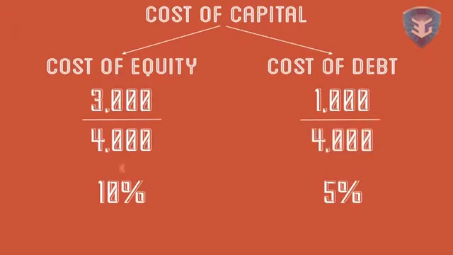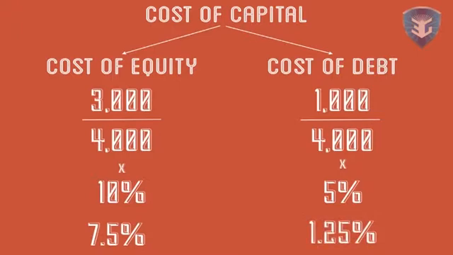Multiply it through: 3/4 of 10 and 1/4 of 5. 7.5%, 1.25%. Add the two together. The weighted average cost of capital there using book values is 8.75%.